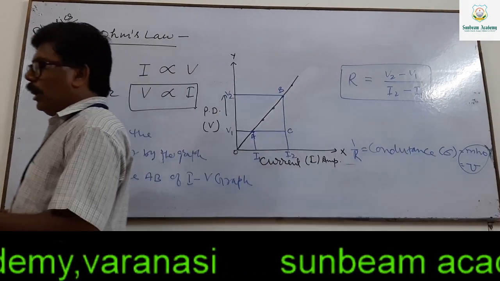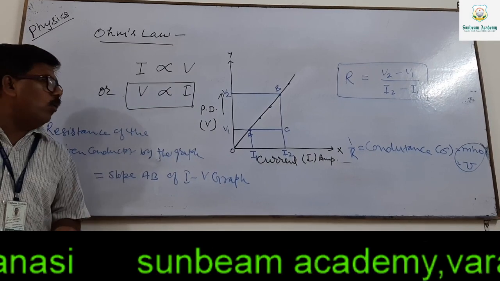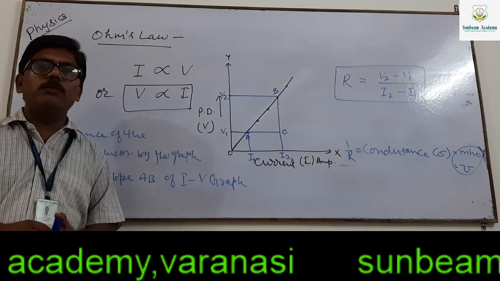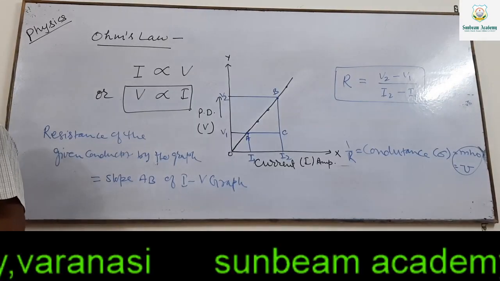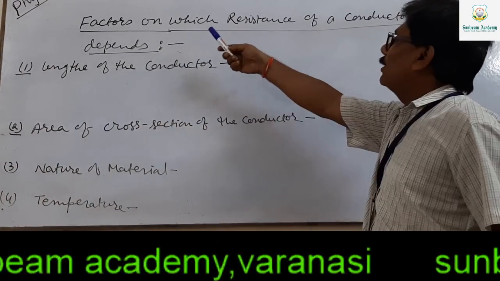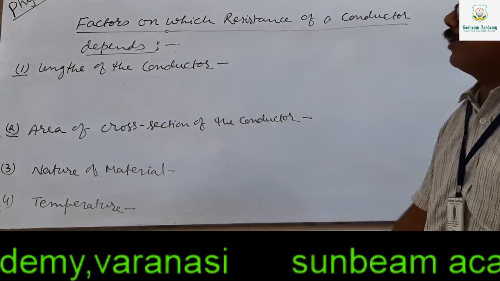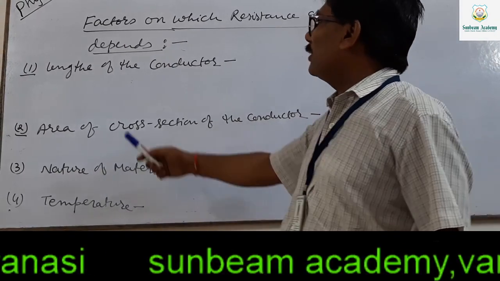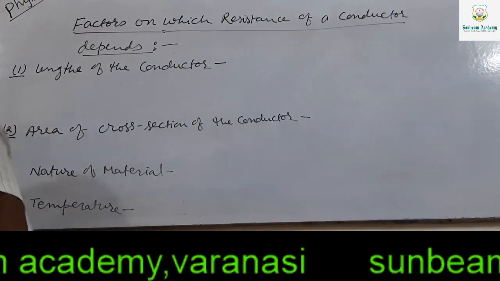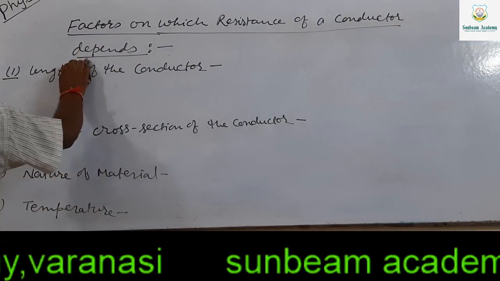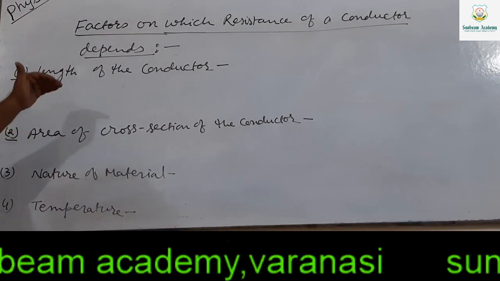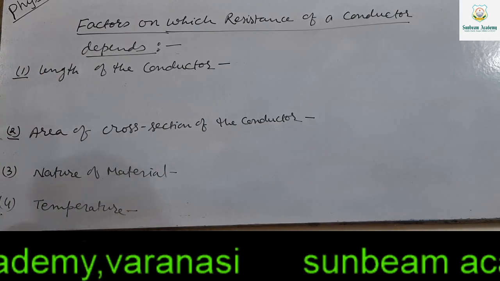So now we will see the factors on which the resistance of a conductor depends. The first factor is the length of the conductor.